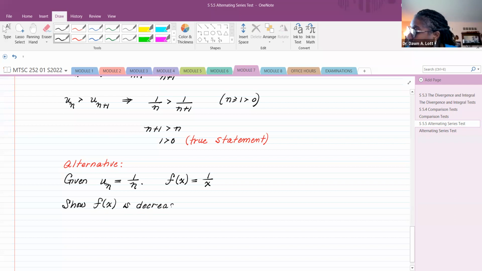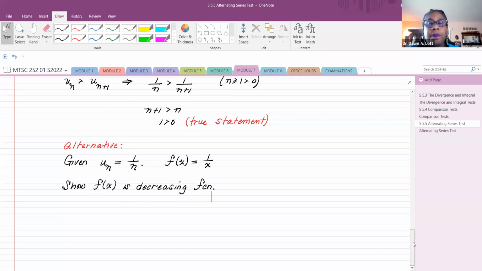So in calculus, what does that mean about the derivative? If f is a decreasing function, what do we know about its derivative? That is to show that f prime of x is less than 0 for large x.